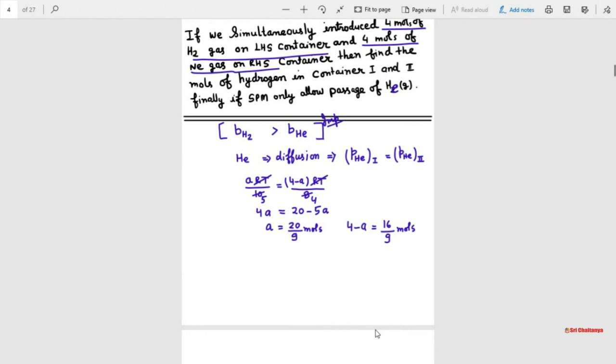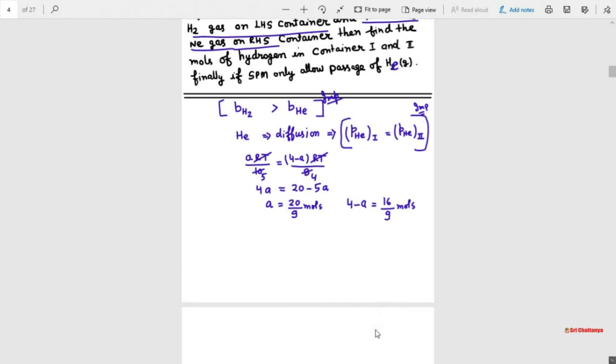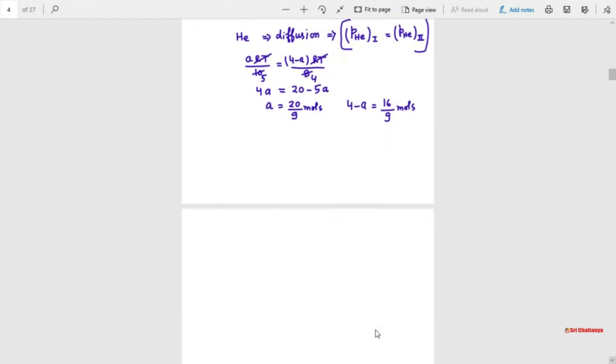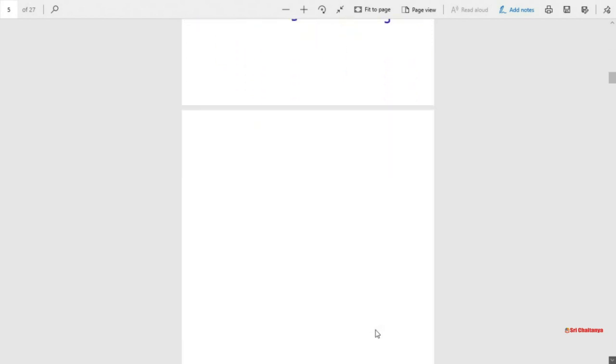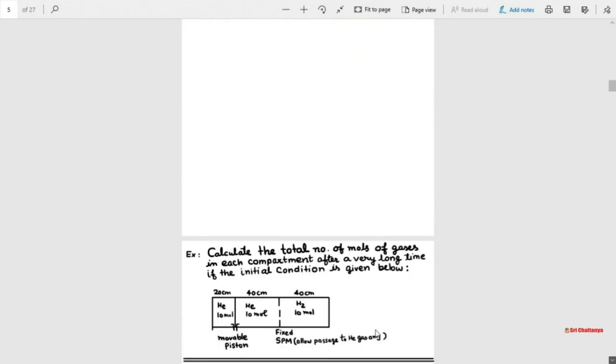When the partial pressure of the gas in one container and the other container become equal, then we'll say that the diffusion will stop, right? So this is an important point. When a gas is moving from higher pressure to lower pressure, its diffusion will stop when the partial pressure of the gas on both sides is equal. So these are the two important points regarding this question.